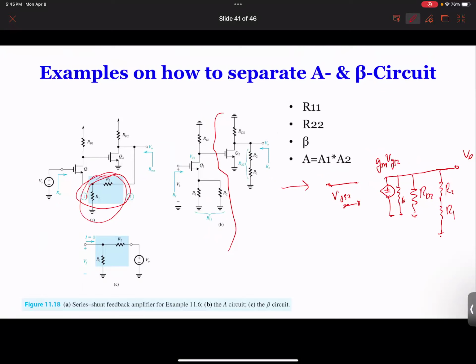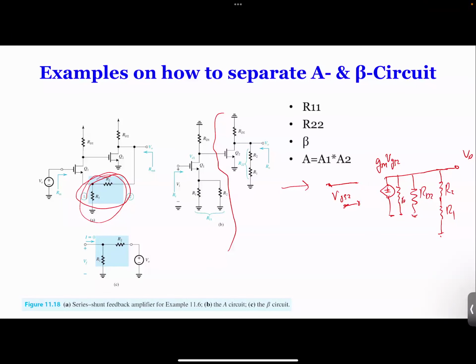And for the first circuit, we can also use the T model, which becomes this, and then you have RD2. And you can have RO connected as well, and then here you have 1 over gm, and you have two resistances R1 and R2 in parallel, and this is your VO1, and then just your Vin over here.